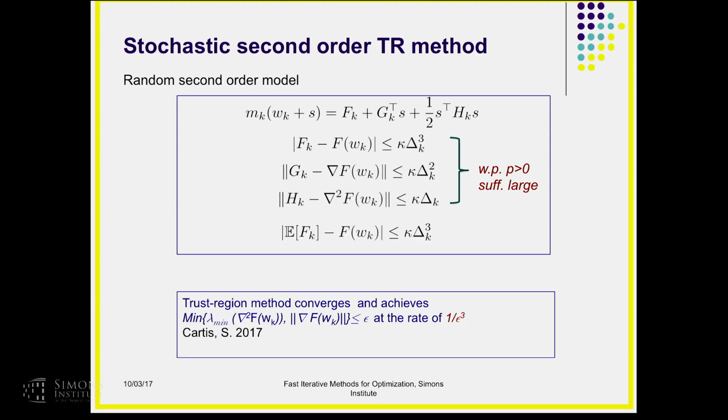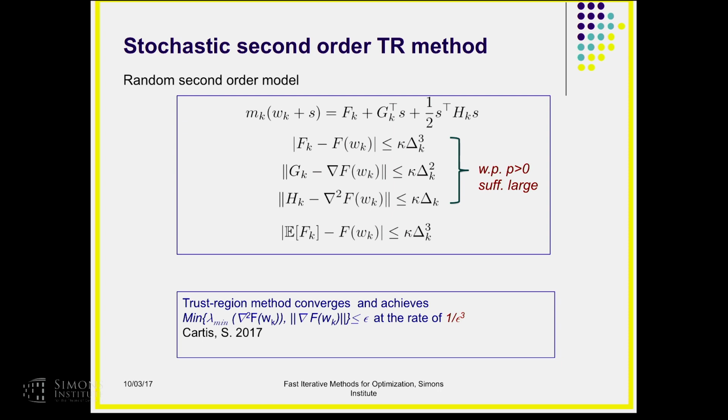And if I have a second order method, so I have sufficiently accurate Hessian estimates, this is a second order Taylor model. But there's also an additional assumption, which unfortunately had to be introduced, which again is like a second order Taylor approximation. Then again, if this happens with high probability, we have convergence to a second order stationary point with this rate. Okay?